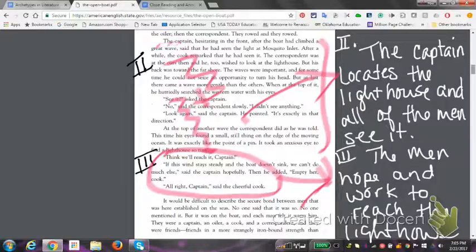Okay? I'm going to erase this. Okay, sorry. It's taking me a minute. This whole section is discussing the idea that they're all looking to see the lighthouse, and that the captain sees it.